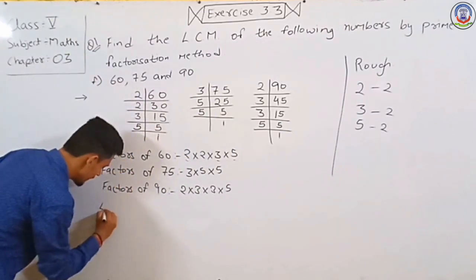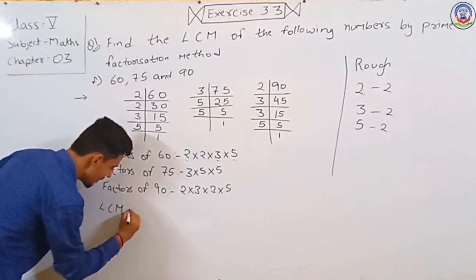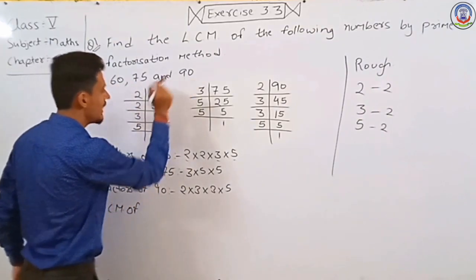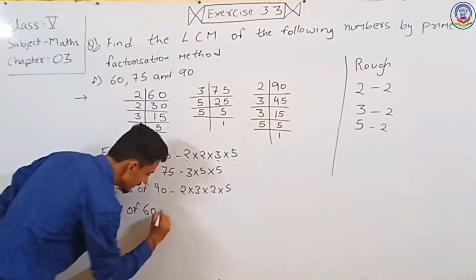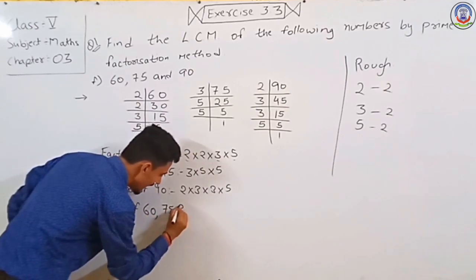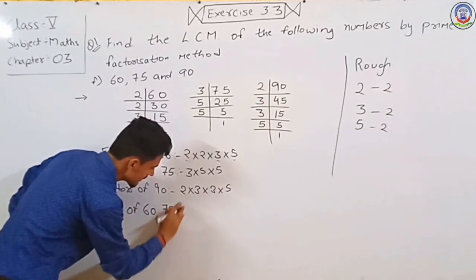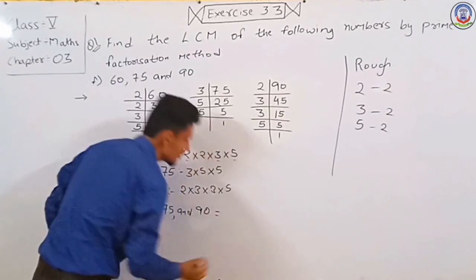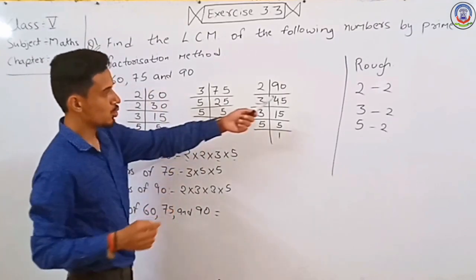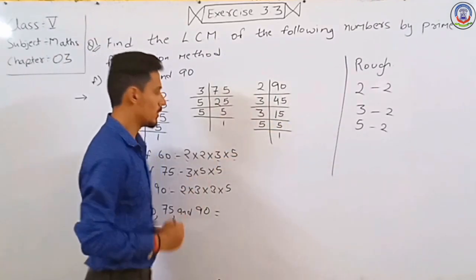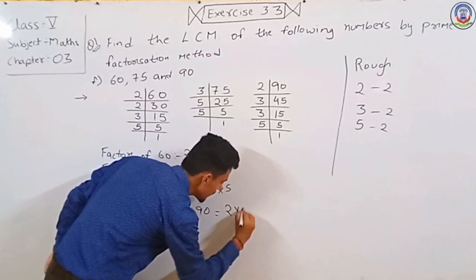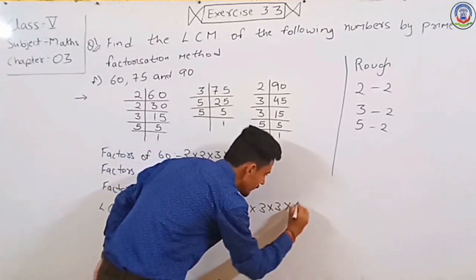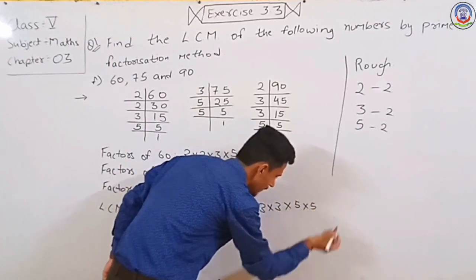So here we write LCM of which numbers? 60, 75 and 90. So we have 2 two times, 3 two times and 5 two times. So we write here 2 multiply 2, 3 multiply 3, 5 multiply 5.